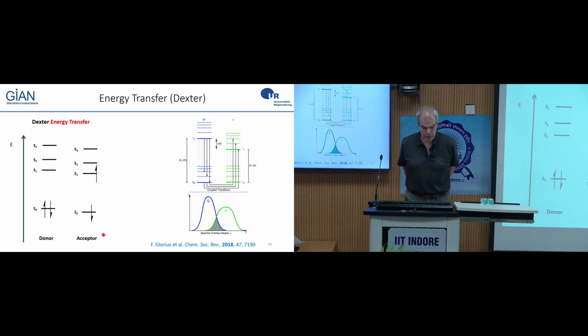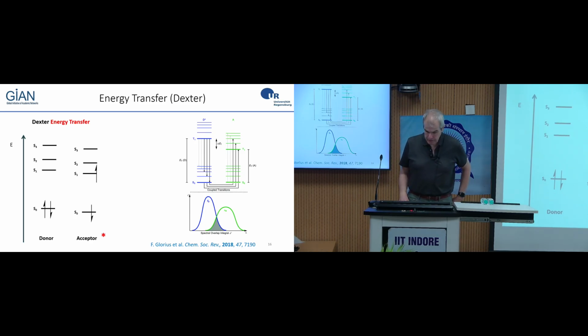So from the acceptor, one electron is exchanged to the ground, to the lowest orbital of the donor, and the excited electron from the S1 molecule from the donor becomes the S1 molecule from the acceptor.